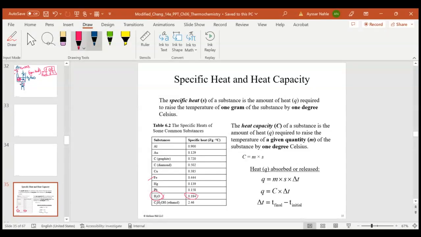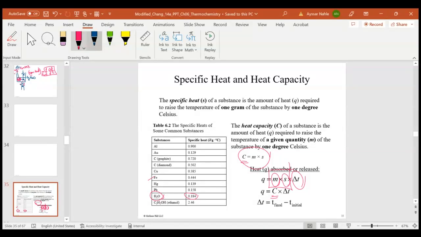Now in here, this is what I say, it is heat capacity. They give it the symbol C, which is equal to specific heat multiplied by the mass, S times M. And Q, the heat absorbed or released, is equal to specific heat multiplied by mass multiplied by delta T. And also, specific heat multiplied by mass is equal to heat capacity.